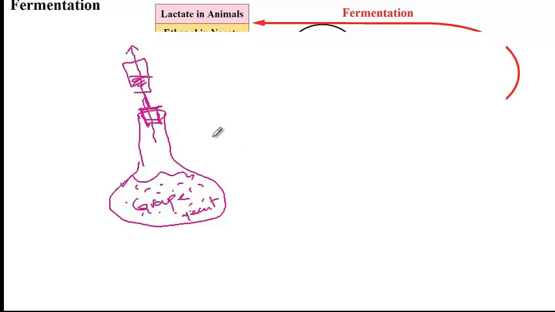What happens is that it will produce an anaerobic condition. So all these yeast cells that are inside the container need to produce ATP. So they will have to undergo glycolysis, but then all the NAD plus is used up. In order to produce more NAD plus, they will have to undergo ethanol or alcohol fermentation.